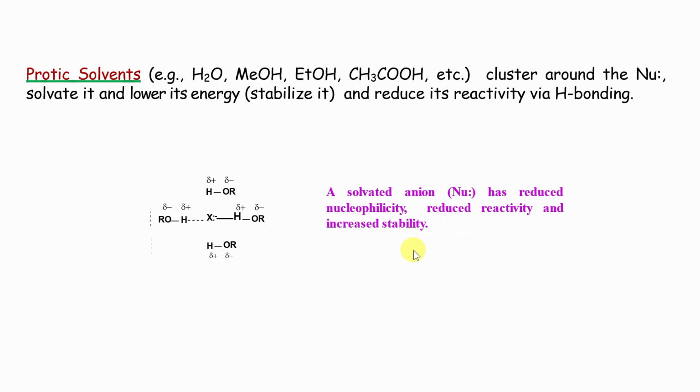So in the presence of protic solvent, the nucleophilicity of the anion gets reduced. Or we can say a solvated nucleophile has difficulty hitting the alpha carbon atom.